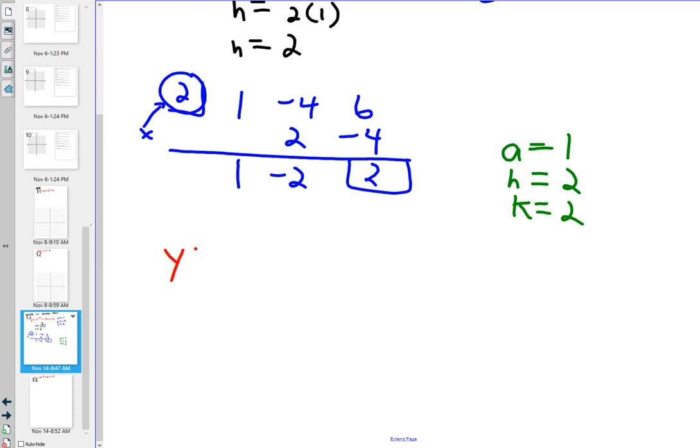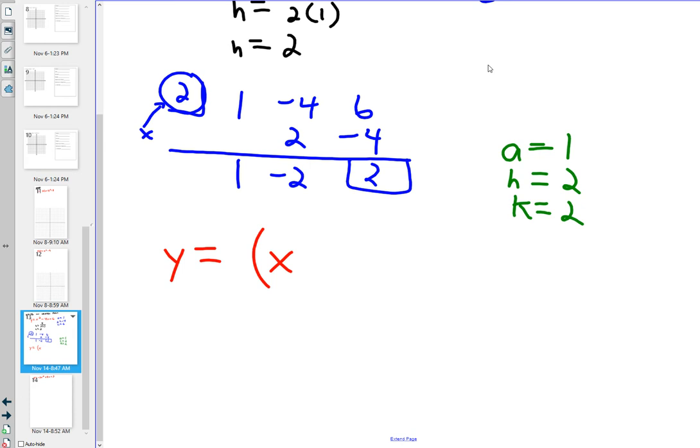So I'm going to write y equals, if I'm plugging into vertex form, what goes first? A. The first thing that comes is A, and when A is 1, do I have to write a 1 in front of a parenthesis? No. The 1's there, but the second I put the parentheses, I don't have to write the 1 anymore. So I'm just going to put the parentheses. Then it's x on the inside. What comes after the x?